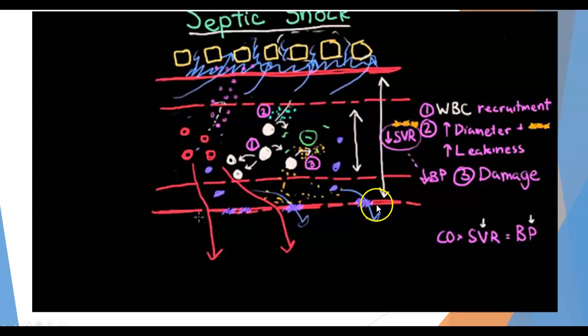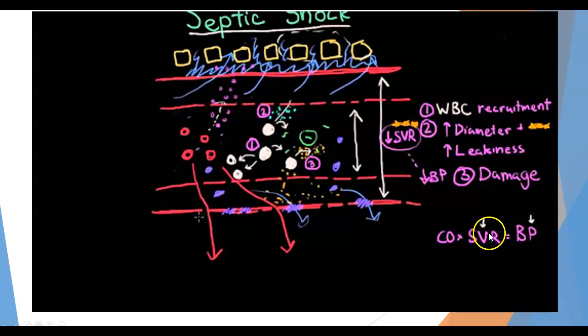So with our dilation, without ever doing anything else, without even accounting for any of the fluid that leaks out, we made our tank bigger. And this is a small snapshot, but if we look at the whole body, and we just made our tank bigger, we have a drop in systemic vascular resistance, which they were kind enough to put our blood pressure equation right here for us.